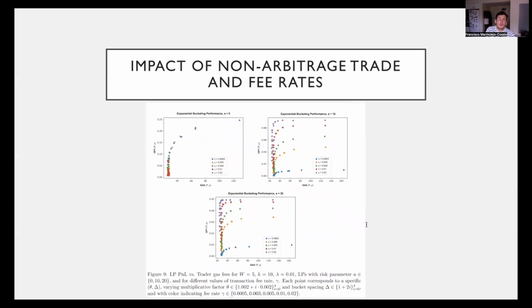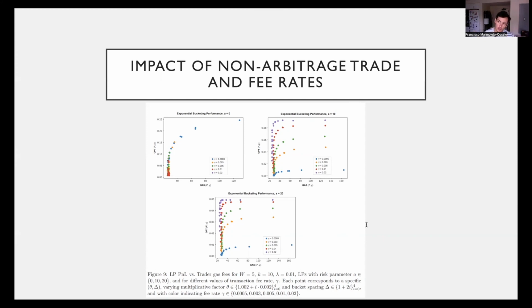We also looked at some preliminary work with respect to how the fee rates would affect the optimal profit and loss and essentially these Pareto frontiers for different liquidity providers. These results I think are to be taken with a little bit more grain of salt, because fees actually have a much wider impact on the dynamics of a contract.